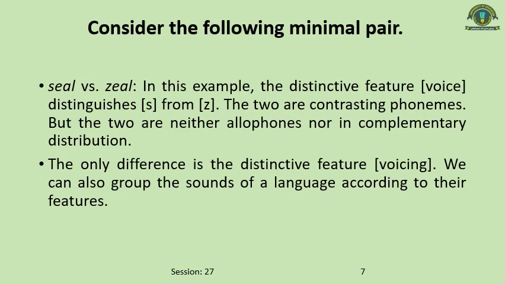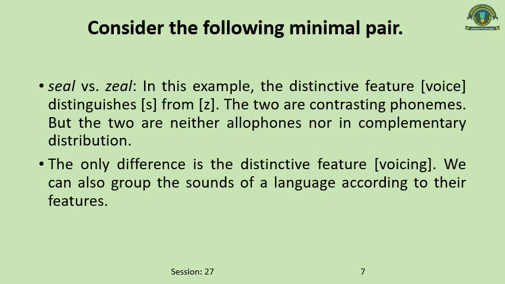So the second statement says the only difference is the distinctive feature voicing. So what is the distinctive feature now in between s and z? That s is a voiceless sound, whereas z is a voiced sound. Vibration. It is the voicing that is the distinctive feature in between these two phonemes.